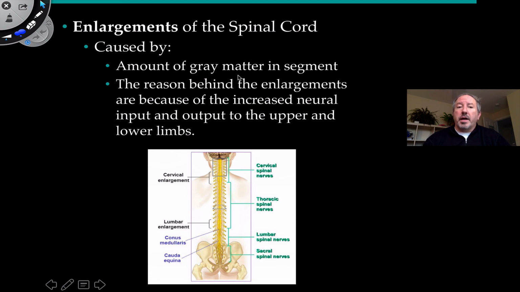More to come about that. Basically, it's because there's increased neural input and output in those particular areas. What I mean by that is there's more nerve action controlling the upper limbs and lower limbs, and so a little bit of thickness occurs here.